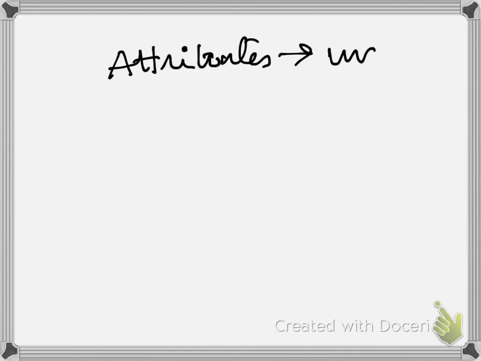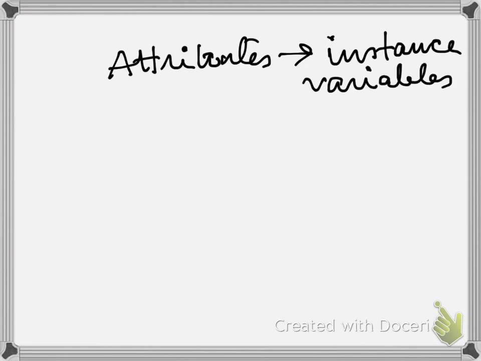So for attributes, we use the term instance variables, and for actions or behavior we use the term methods.